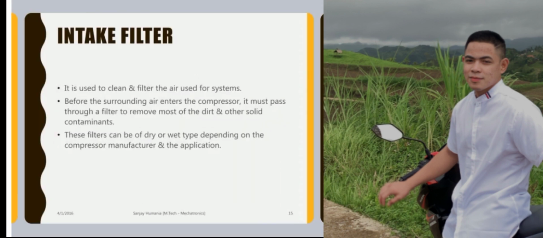Intake filter. It is used to clean and filter the air used for the system. Before the surrounding air enters the compressor, it must pass through a filter to remove most of the dirt and other solid contaminants. These filters can be of dry or wet type depending on the compressor manufacturer and application.